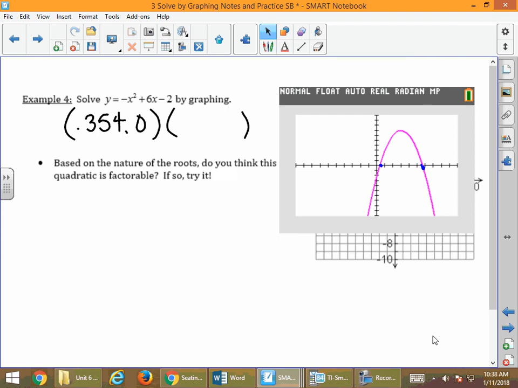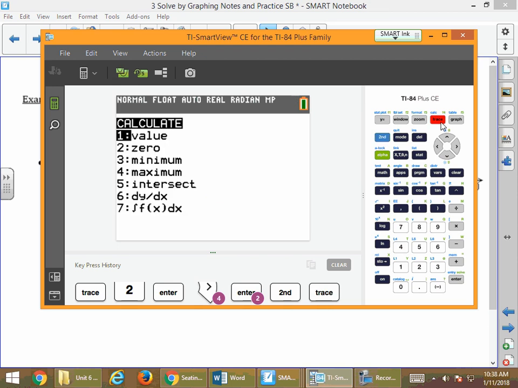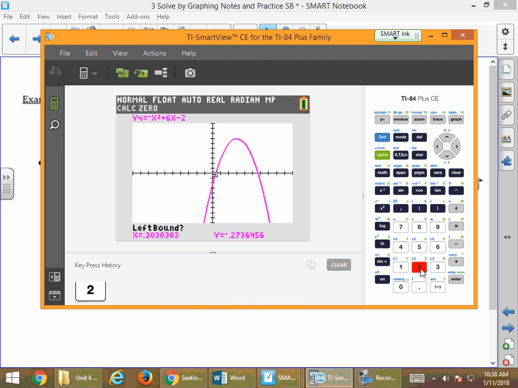But we just found, again, the blue point to the left. Let's look at our blue point to the right. Second trace, which gets us up to calculate. Number 2, the 0. And then we're going to use our arrow buttons. And it's going to take me a couple minutes, so you can go faster than me.